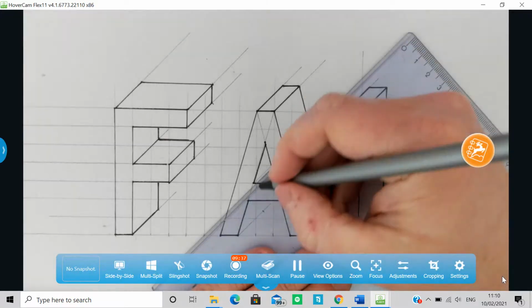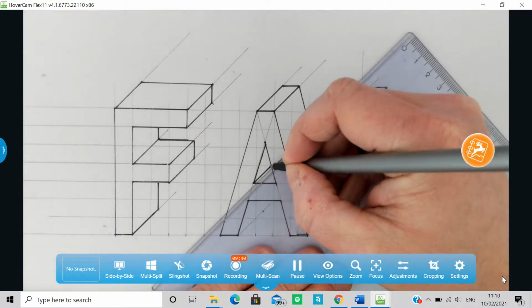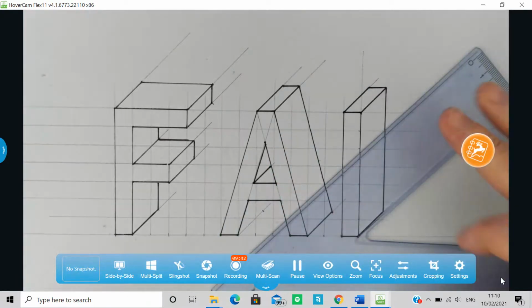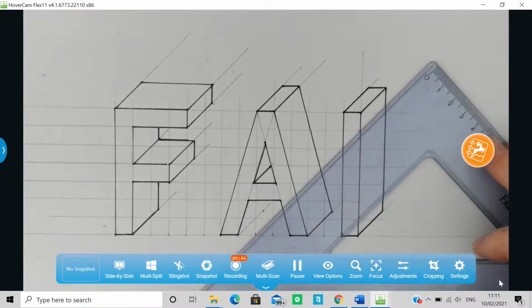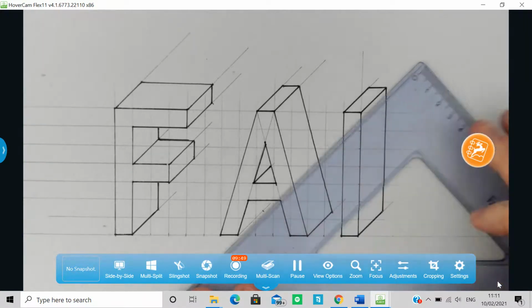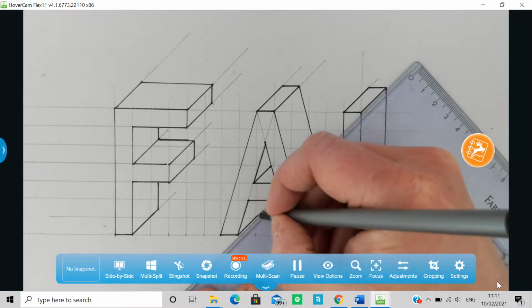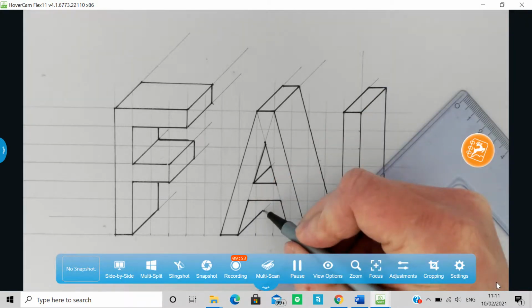So all I have to do is just draw it heavy until it meets the first line, and then it's out of my line of sight. But I do know it's going further back, but I don't have to measure it because I can't see it. This one, however, is going as far as this point.